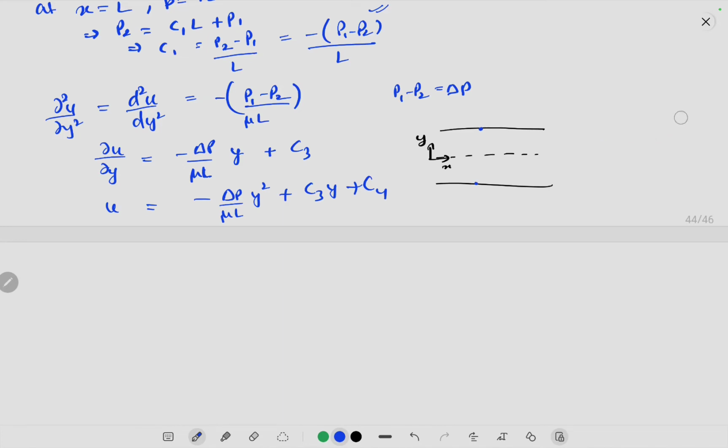And if the fluid flow is a laminar flow, then can I argue that because of the symmetry of this problem, the flow should be maximum at the center and minimum at the surfaces, at the solid walls?